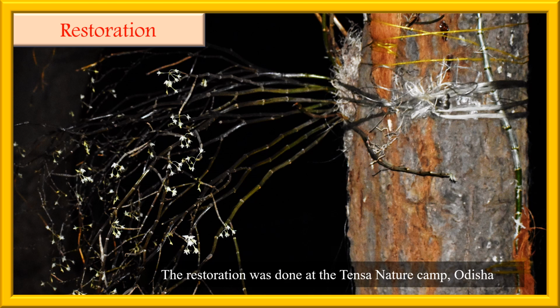Mainly the restoration work we have done in Tensa Nature Camp and many other places. As you can see, this is the original photo that we have taken, and we have also restored it.